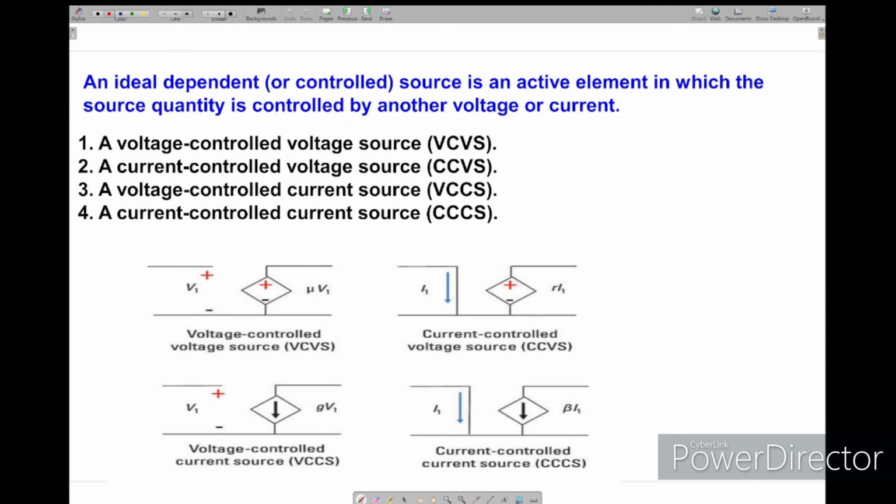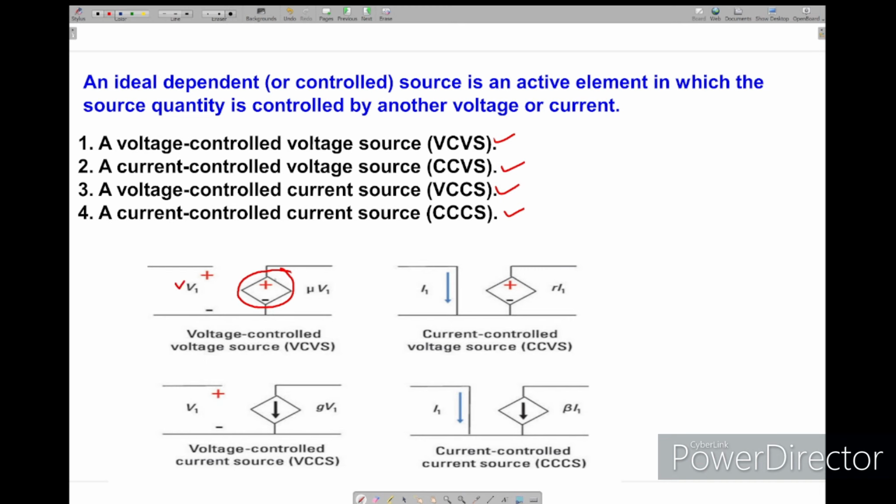Next, we have four types of dependent sources, which are: one is voltage controlled voltage source, second one is current controlled current source, voltage controlled current source, as well as current controlled current source. So if you see these four diagrams, we can easily identify. If you see, this is voltage controlled voltage source.